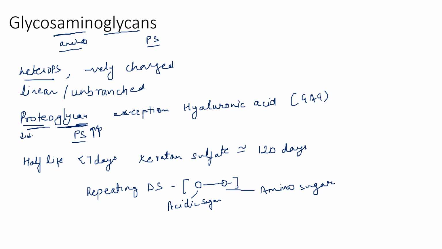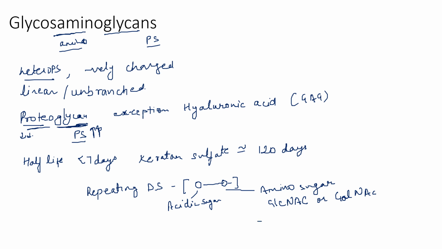This amino sugar is either GlcNAc or GalNAc. GlcNAc means N-acetyl glucosamine, and GalNAc means N-acetyl galactosamine. So this is an amino sugar which is acetylated, and it is a derivative of glucose or galactose.